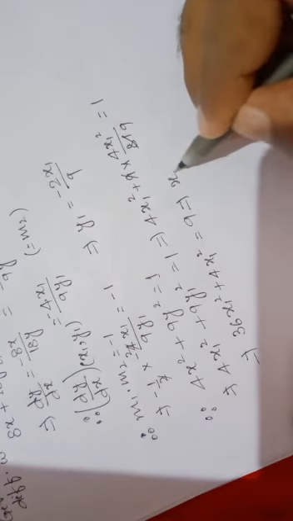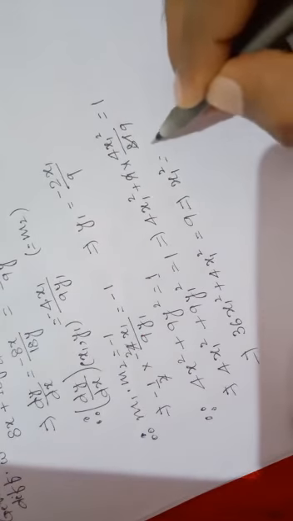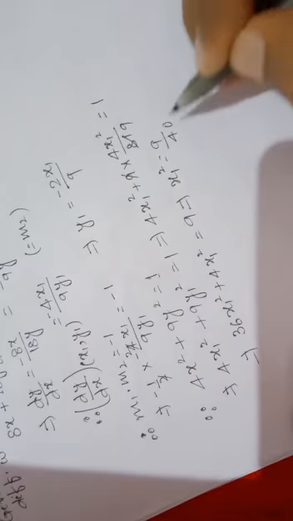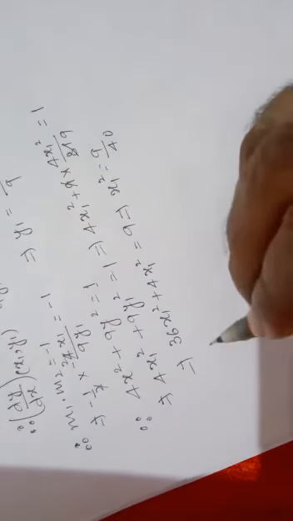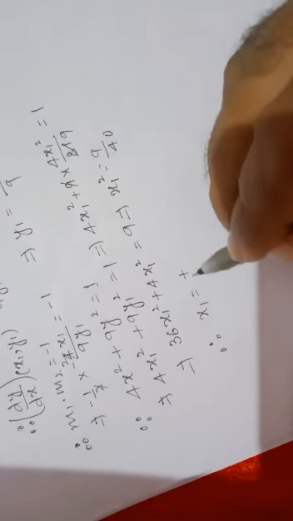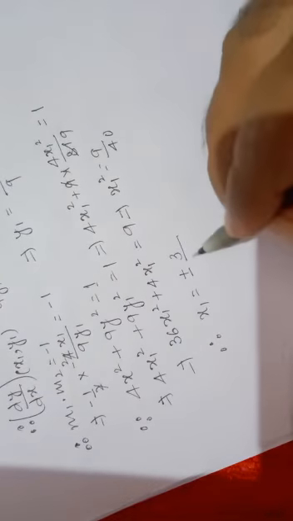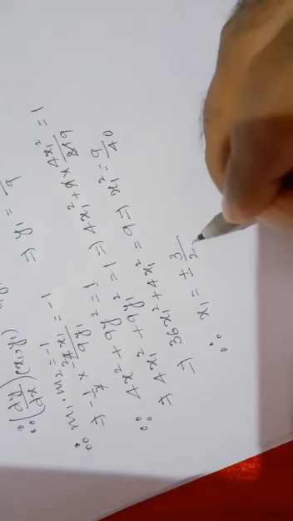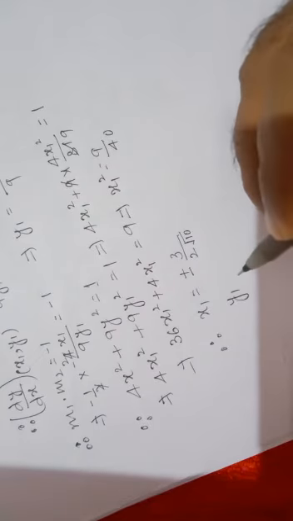So x1 square is equal to 9 by 40, and finally x1 is equal to plus minus 3 by 40, and 40 means 4 into 10, so 3 by 2 root 10. This is the value of x1.